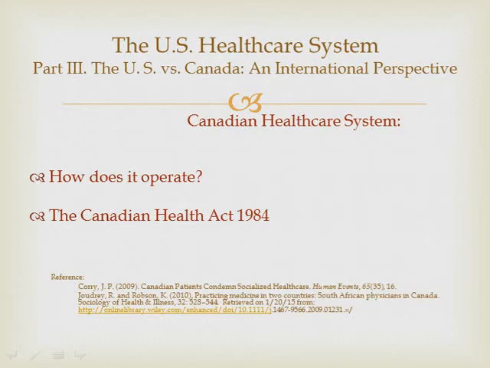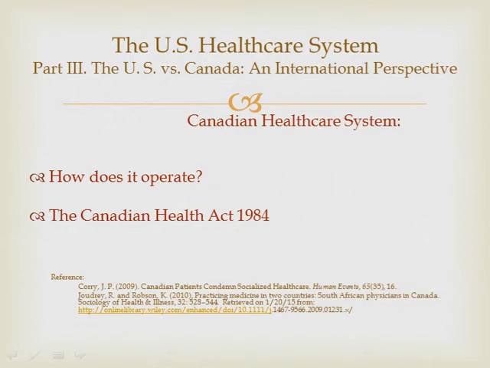So, how does the Canadian healthcare system operate? Well, it is governed, regulated, and funded by their federal government, and the Canadians know their system to be Medicare. It is a publicly funded insurance model. It is considered to be a socialized health insurance plan.